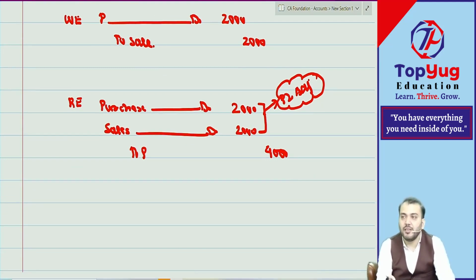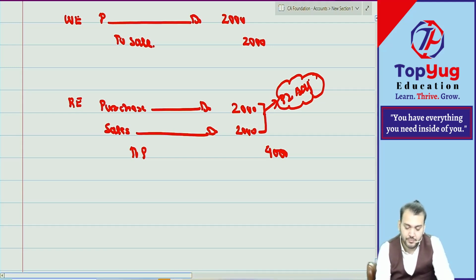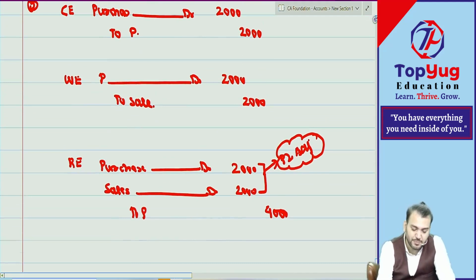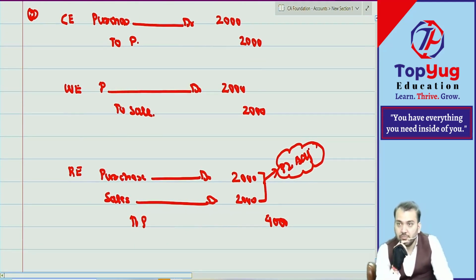Understood? Sometimes directly we may make a mistake. P account to PL adjustment. There is no suspense here. Now where is the suspense? Where is the suspense in the wrong entry?